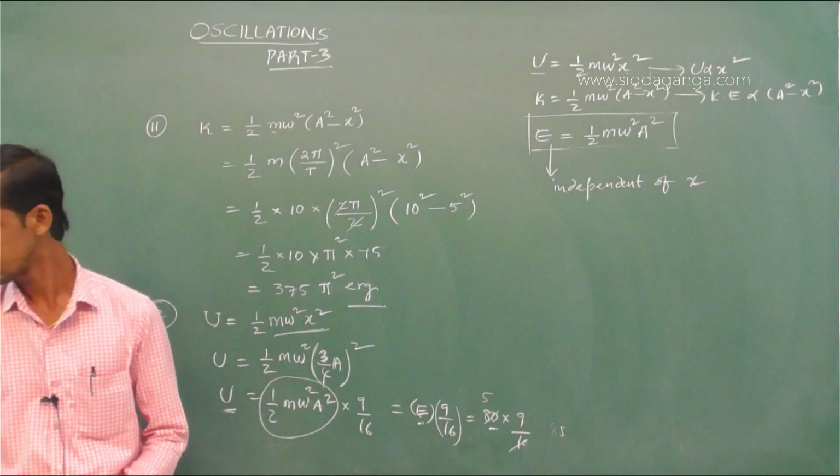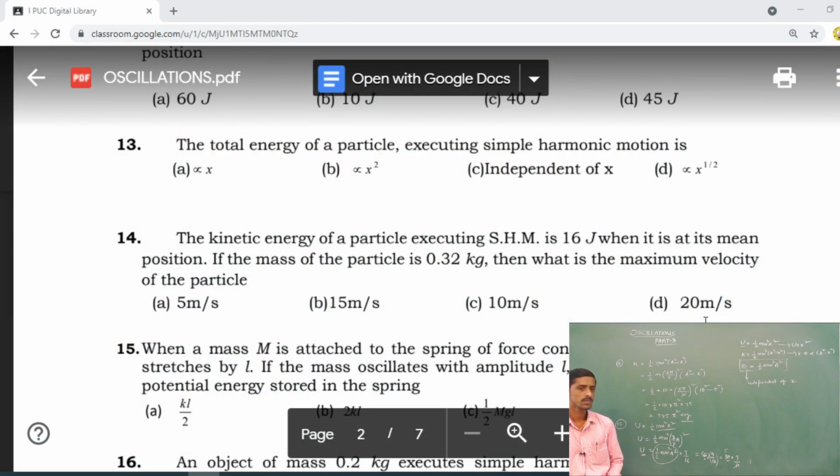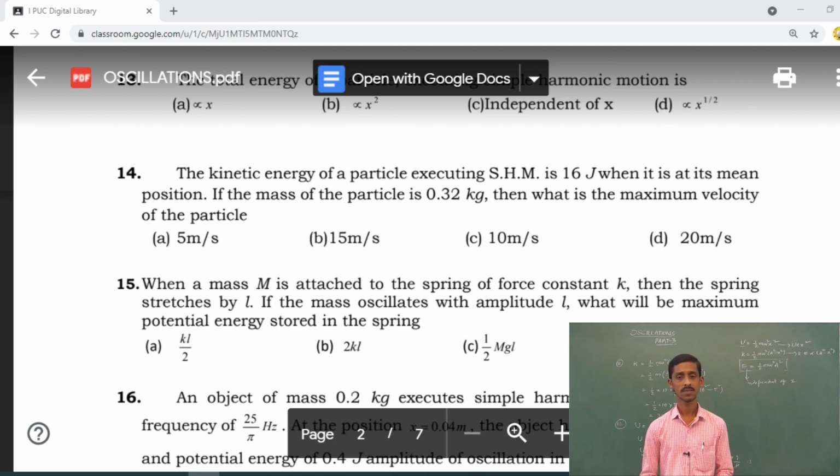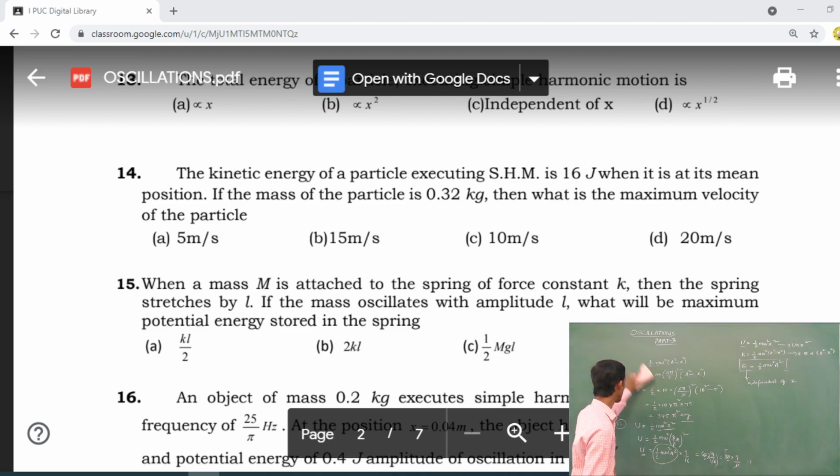Question number 14. The kinetic energy of a particle executing SHM is 16 joule when it is at its mean position. If the mass of the particle is 0.32 kg, then what is the maximum velocity of the particle? In the first line it is clearly mentioned that kinetic energy is 16 joule when it is at mean position.